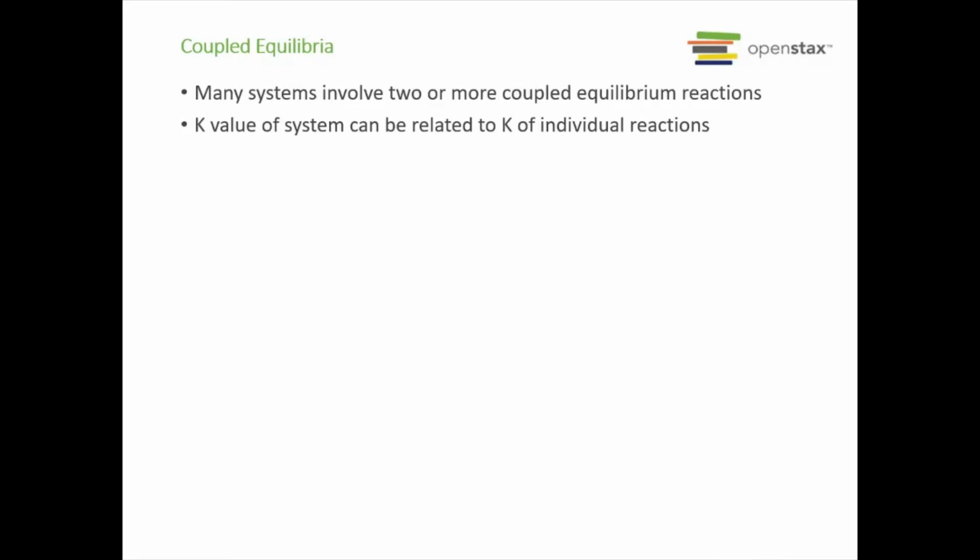Now we also have what is called coupled equilibria. A lot of systems can have 2 or more coupled equilibrium reactions, so you have multiple reactions happening at the same time. And we can actually relate the K of the overall system to the K of the individual reactions.